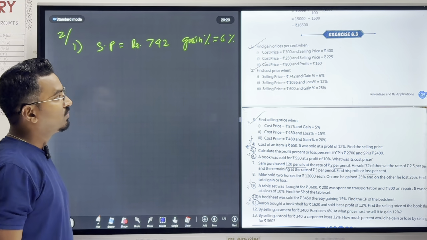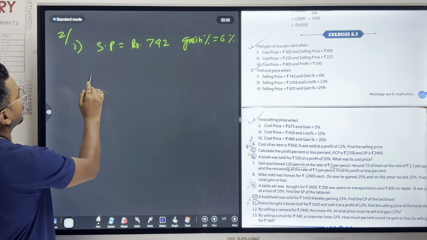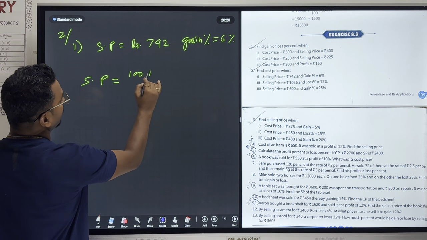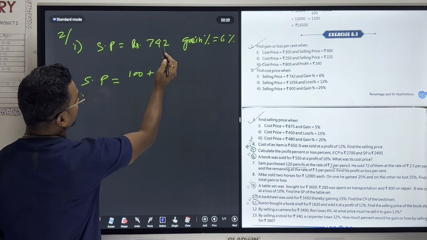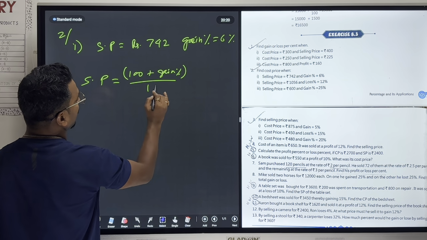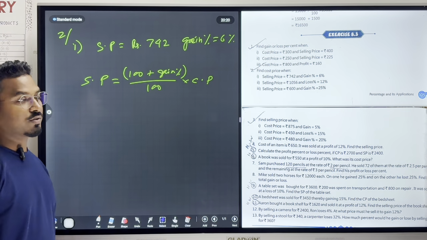Okay, so gain percent is given. Here I have given you a formula: SP equals 100 plus profit percent or gain percent, same thing, divided by 100 into CP. You can apply this formula also. You have to find the cost price, right?